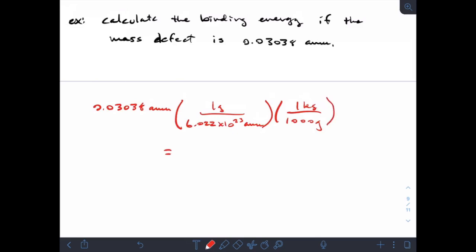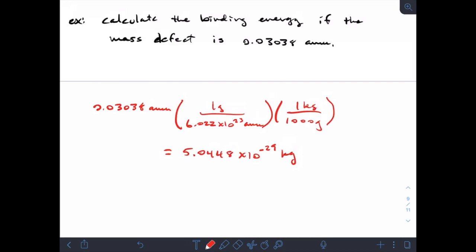We'll find that our mass defect in kilograms is a rather preposterous number times 10 to the minus 29 kilograms. Still a more massive defect than the mass of an electron. The mass of an electron is on the order of 10 to the minus 31 kilograms.